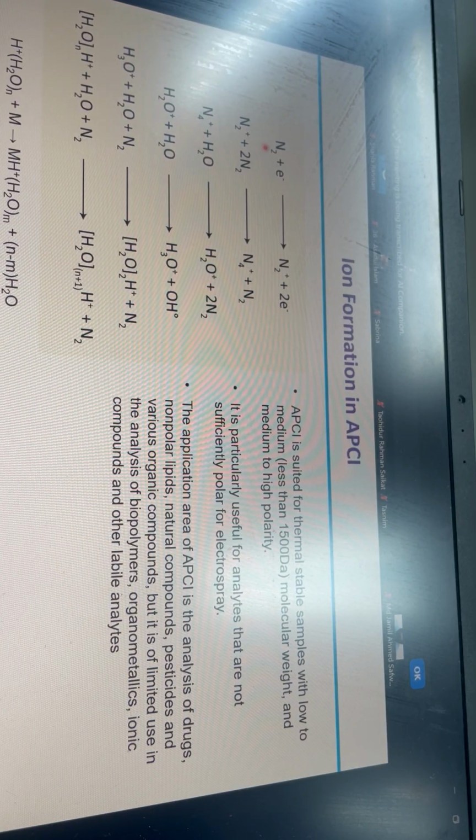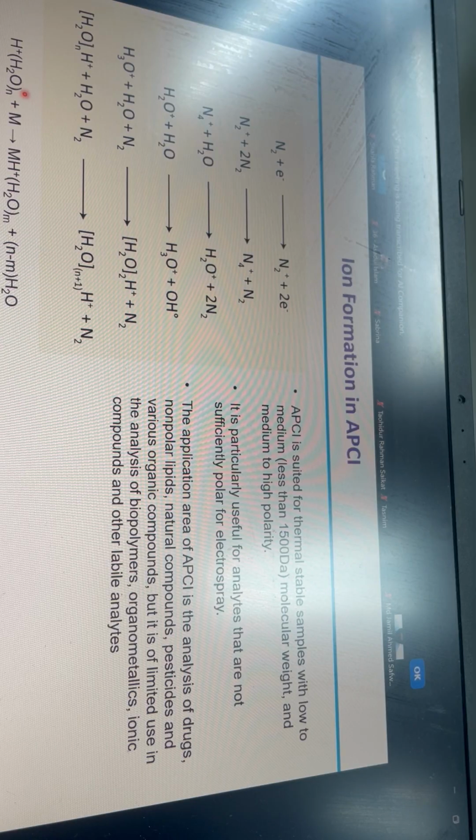So then you have nitrogen, with the cathode ray. Nitrogen will be interacting with high energy electrons, and then it will form some cations. Then nitrogen will also react with water vapor and make some complex. And then you have analytes.